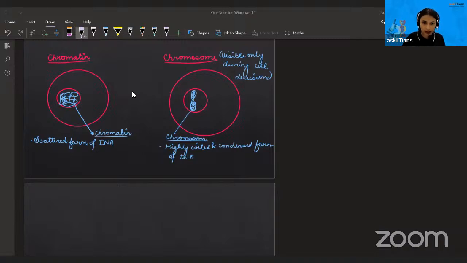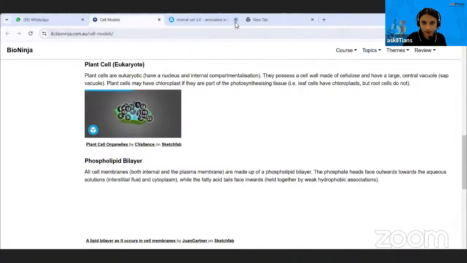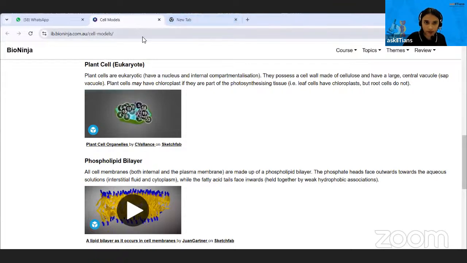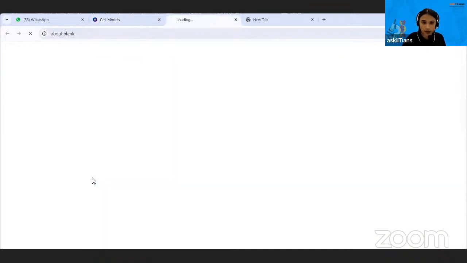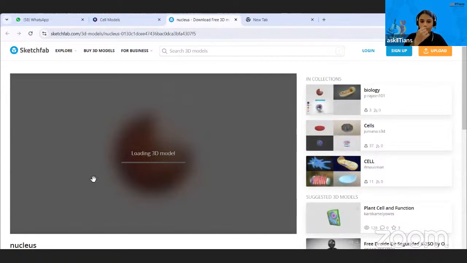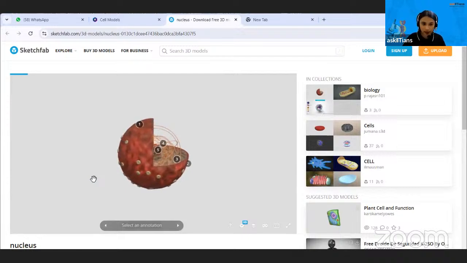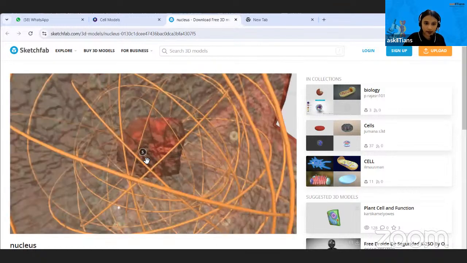Just give me a second. Yes. So here you can see this is our nucleus.